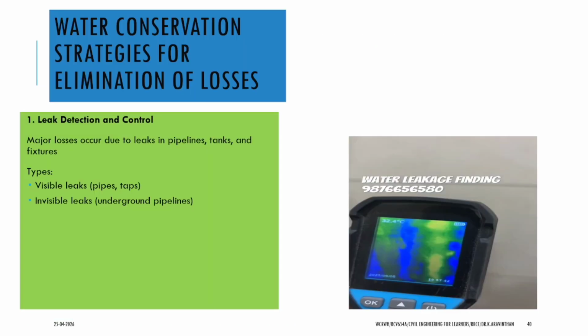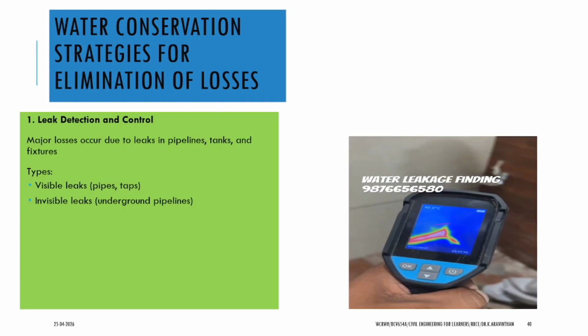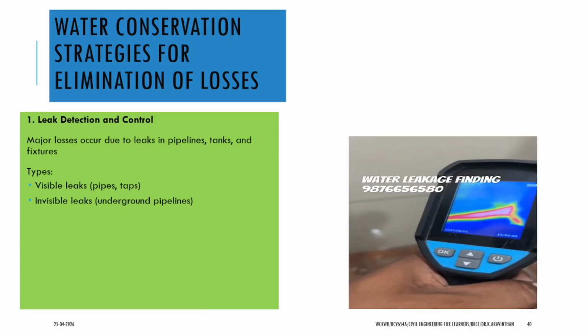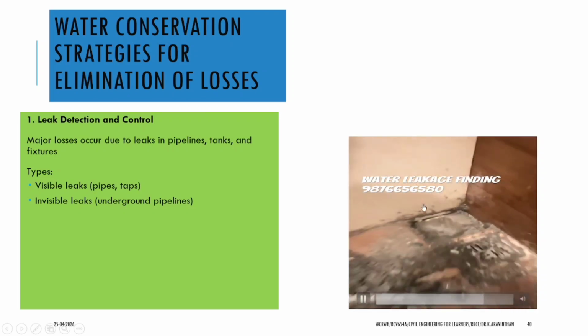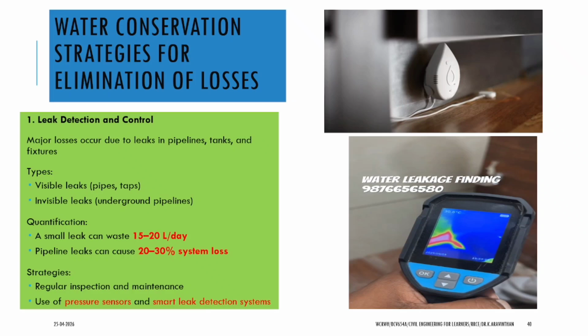Now, in what way can we use water conservation strategies to eliminate losses? How efficiently can we conserve water through this elimination method? First, you should have a leak detection and control system. Here you can see this kind of sensor that we can use in our house.